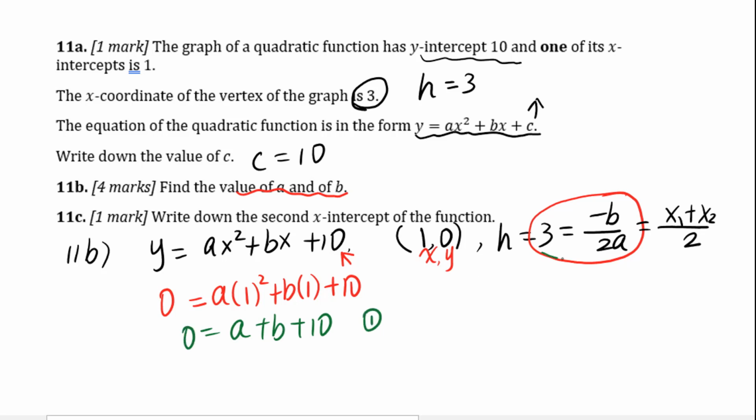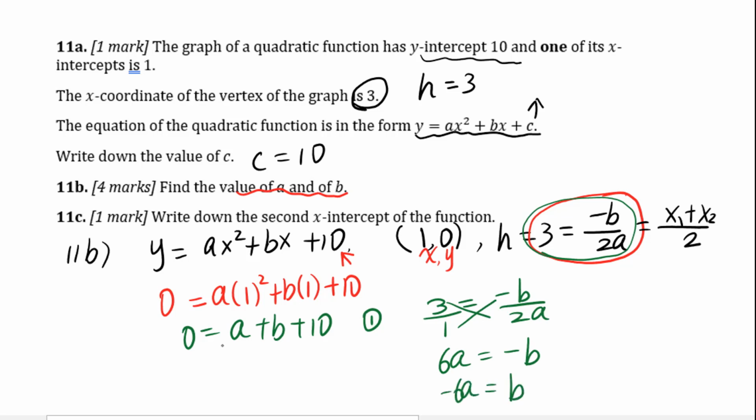Second equation, let's use this. We have 3 equals negative b over 2a. Cross multiply, you will get 6a equals negative b. So b equals negative 6a. We have b equals negative 6a as the second equation.